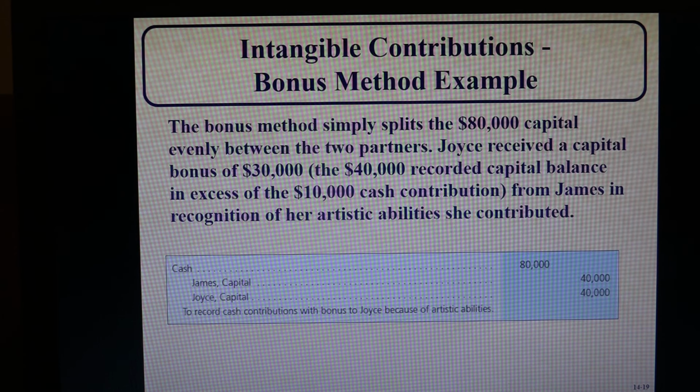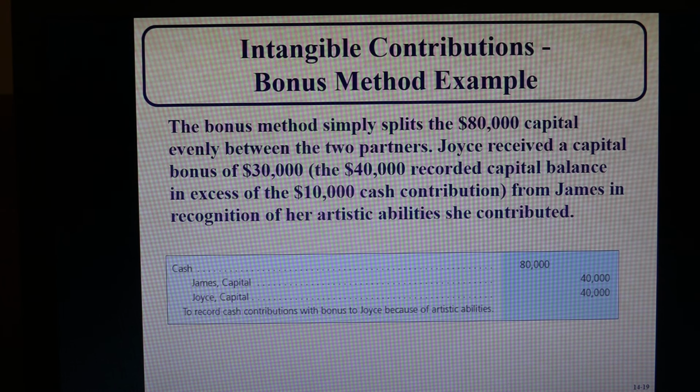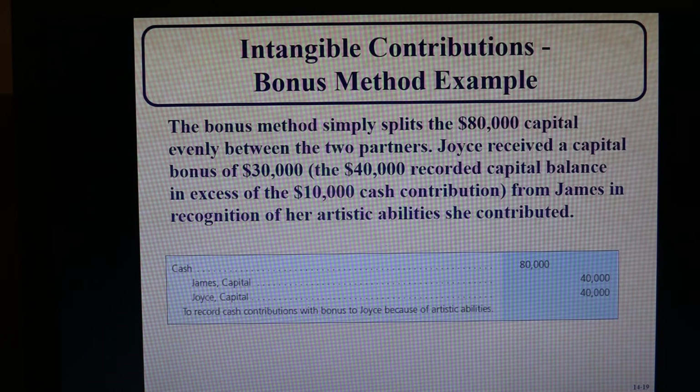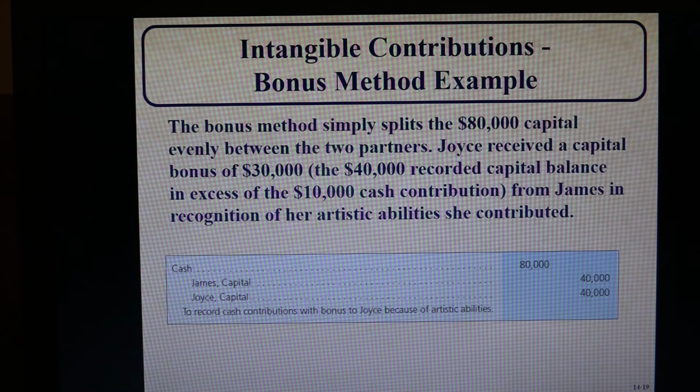So of the $70,000 he contributed, only 40,000 is recognized in James's capital account. It's as if he gifted the other 30,000 to Joyce. Remember, she contributed 10,000, so that makes her capital account now 40,000. So she's receiving what they call a capital bonus of $30,000.